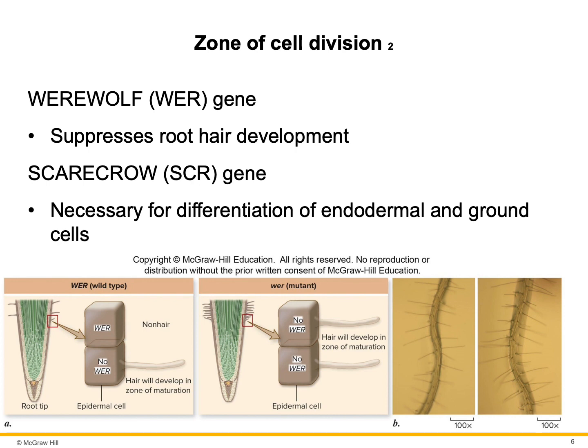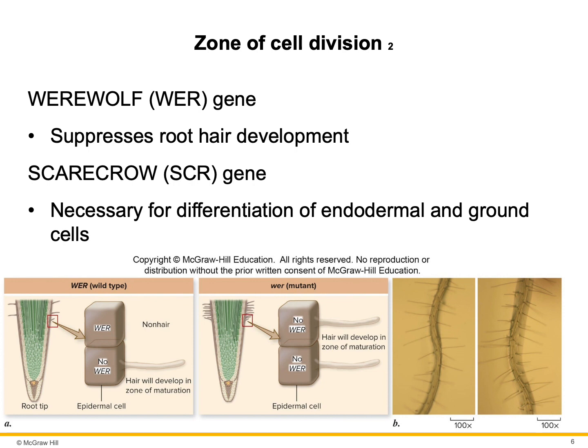So we actually learned about many genes that control this patterning using Arabidopsis. We have two examples. Here are two genes that are responsible for the regulation of patterning of these tissue systems.